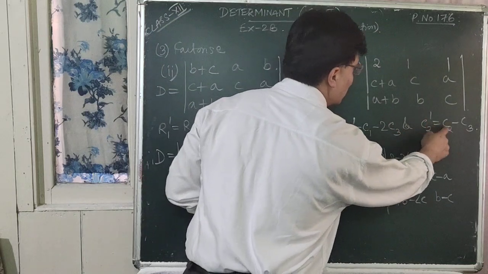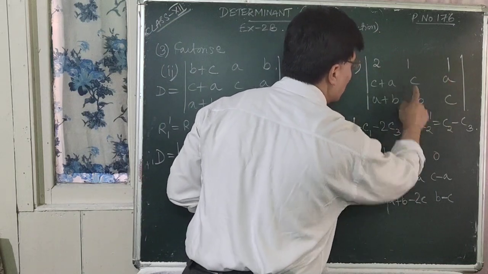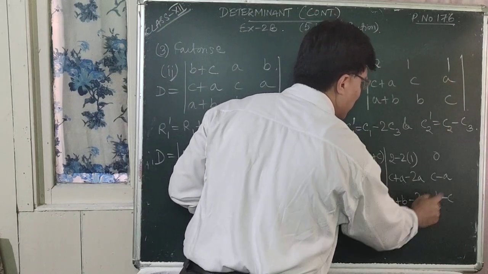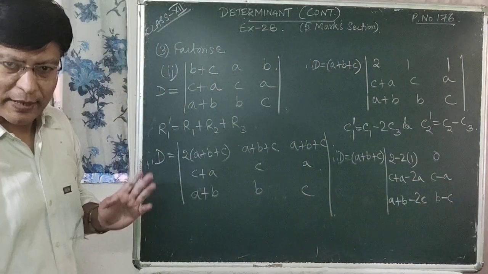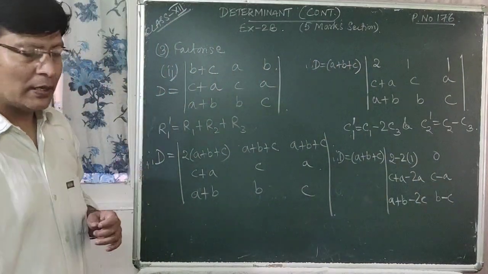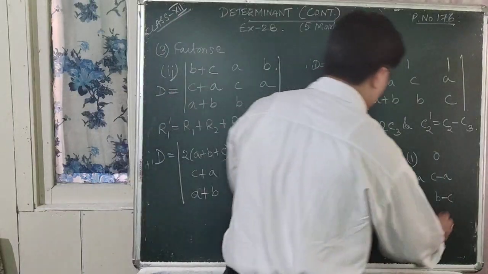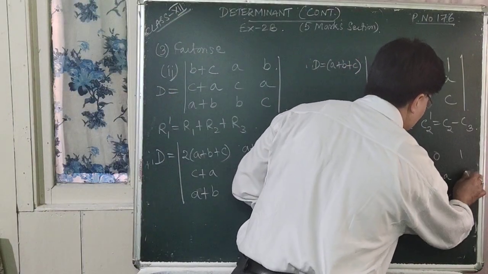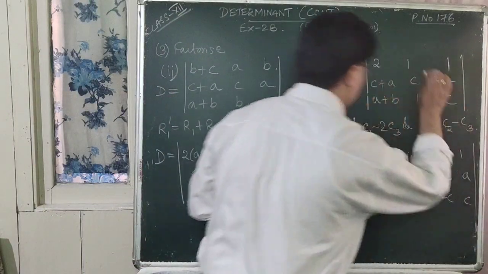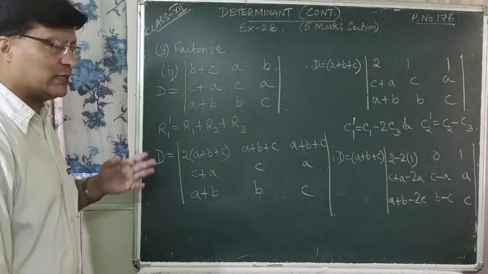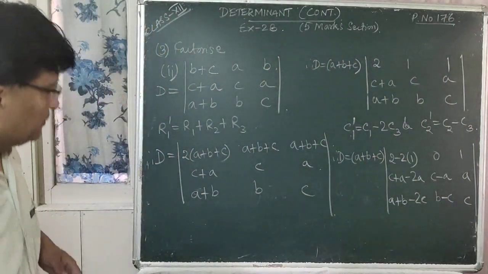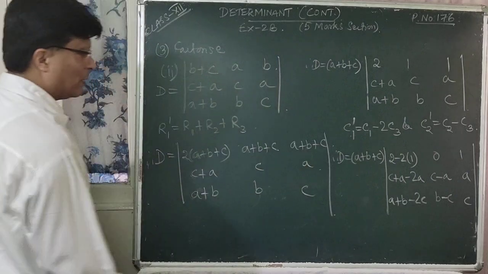C2 dash is equal to C2 minus C3, right? 1 minus 1 is 0. This is C minus A and this is B minus C. Right? This is a new second column. Now third column remains same. That is 1, A, C. So third column remains same. Now let us simplify it.